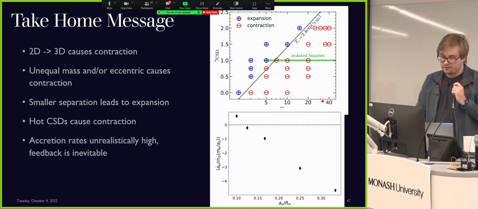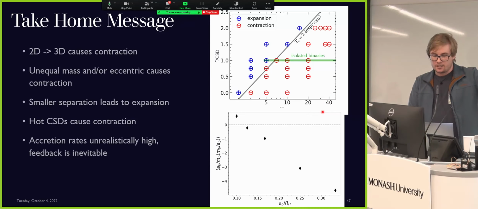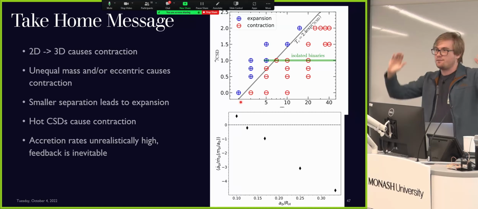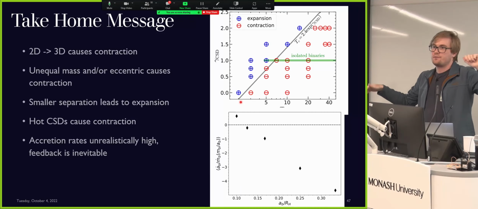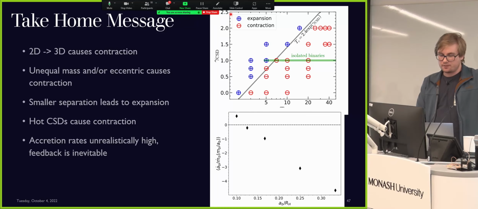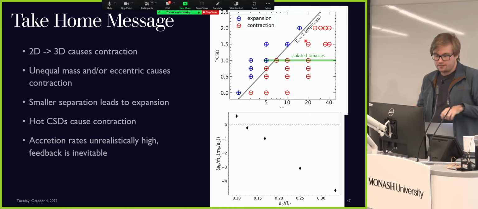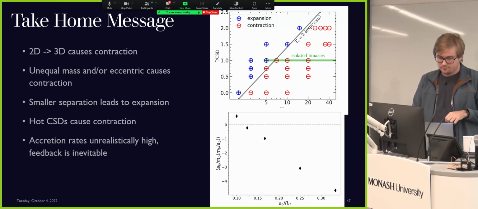So this is like the CSD is 40 times hotter than the background disk. And then this gamma here is how fast it slopes off. If the temperature drops very quickly, the CSDs need to be a lot hotter. But as long as the CSD is about 3 times warmer than the surrounding material, then they merge.